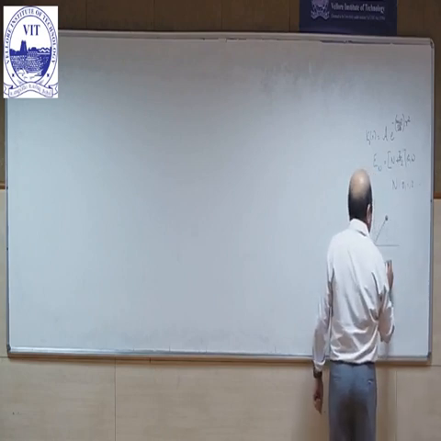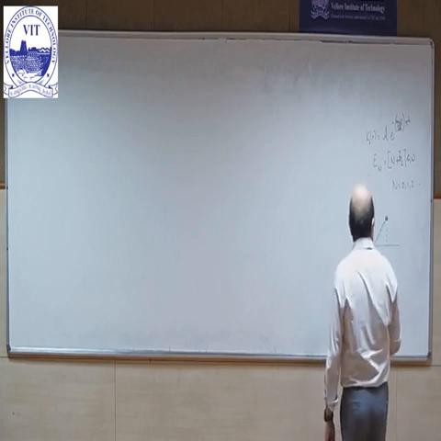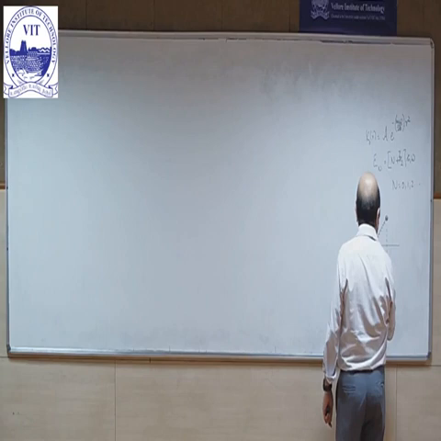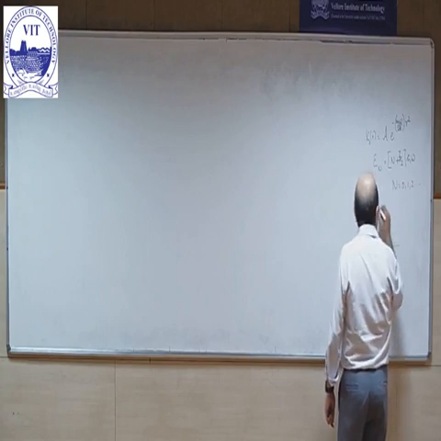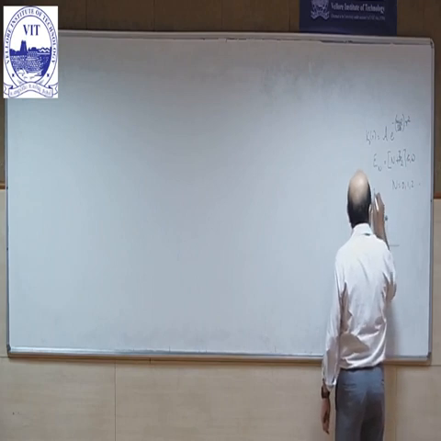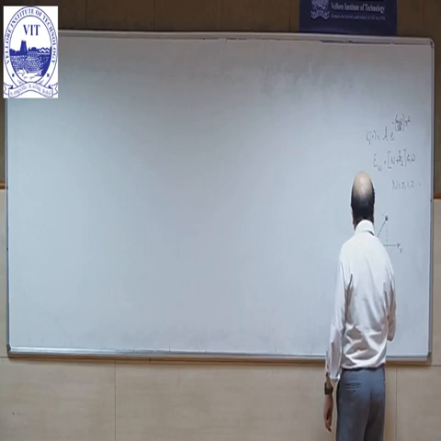So I can resolve that. You already know that I can resolve this r into x, y, z coordinates. So this is my x, and this is my y, and correspondingly this will become z.